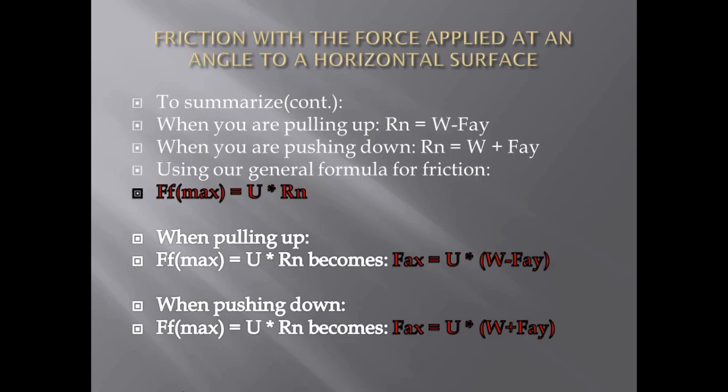When pushing down, the maximum friction force equals the coefficient of friction times Rn. That formula can be substituted with FAX equals the coefficient of friction times the sum of the weight of the object, W, and the vertical component of the applied force, FAY.